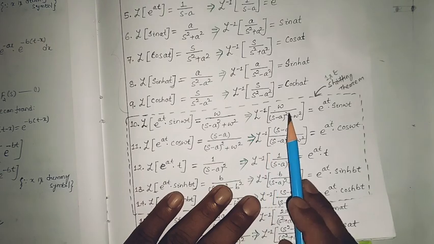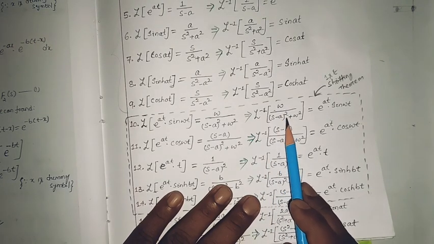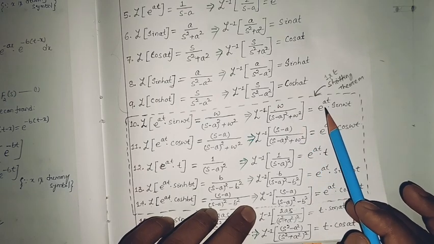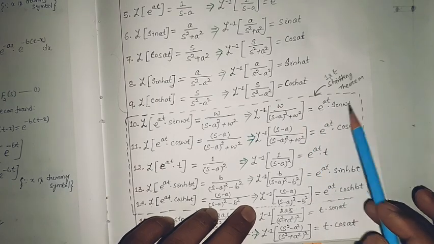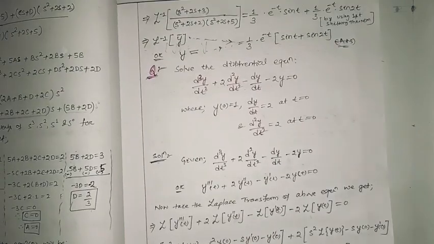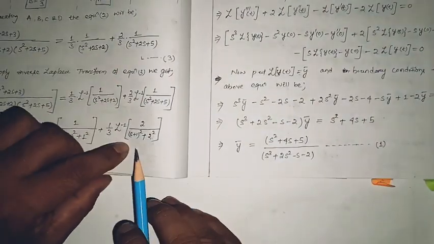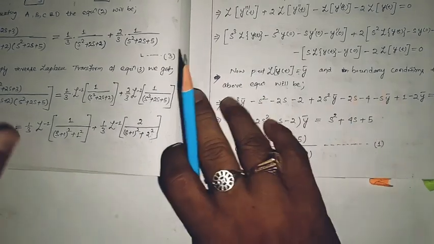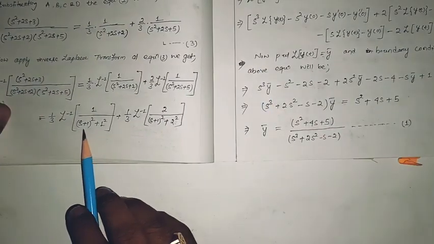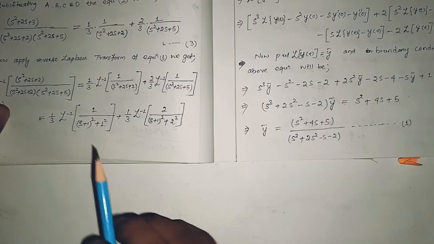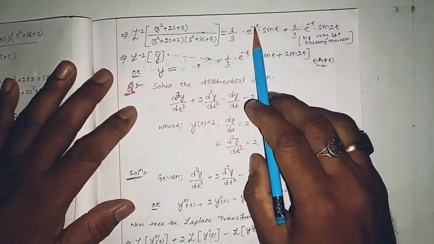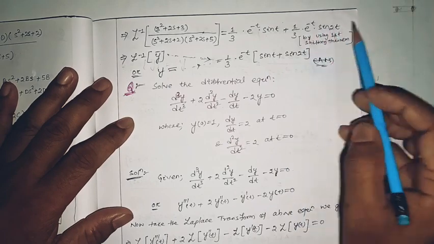But if we have omega by (s minus a) whole square plus omega square, by the shifting theorem this will be e to the power a t into sine omega t. So here this is nothing but (s minus of minus 1) square plus 1 square, and this one also (s minus of minus 1) square plus 2 square. So by using first shifting theorem, it will be e to the minus t sine t, e to the minus t sine 2t.